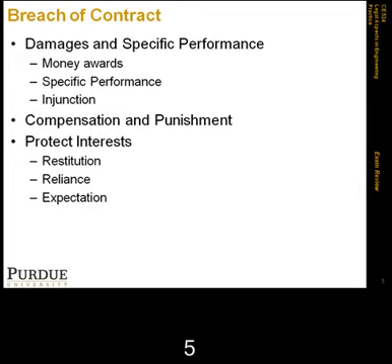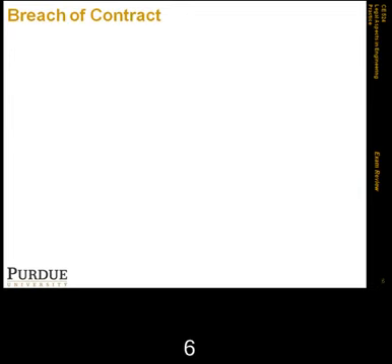Okay, there are a bunch of limits on recovery. The law limits recovery on a number of bases. These are rules for how people can recover damages that they incurred for breach of contract if another side has breached the contract. The first one is what we call causation, which is that the claimant, the person making the claim, has to show that the defendant's breach was the cause of the loss.